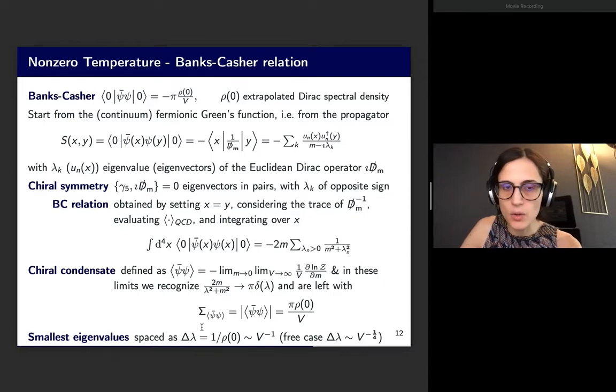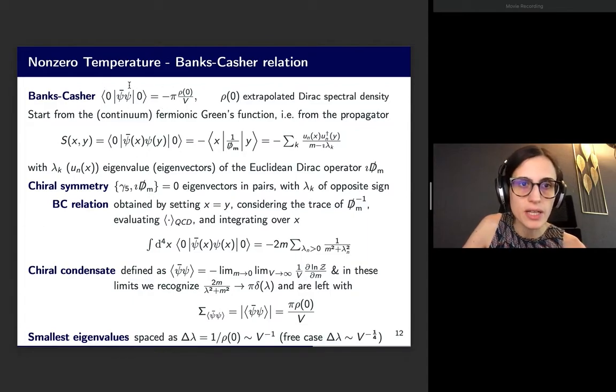Okay, and then we can make one further step in connecting the order parameter for chiral symmetry breaking with the extrapolated Dirac spectral density at 0. This, according to a very famous result, which goes under the name of the Banks-Casher relation, explicitly relates these two quantities.